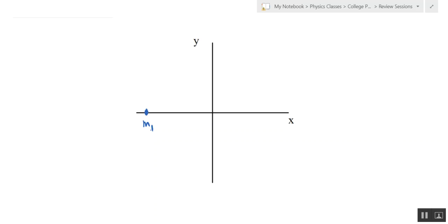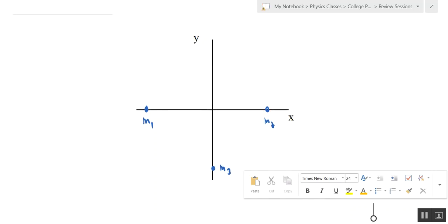And then you have another mass on the positive x-axis, M2. You know its mass and exactly where it is. You have another mass on the negative y-axis, M3. Once again, you know how much it is and where it is. And the fourth mass is on the positive y-axis.